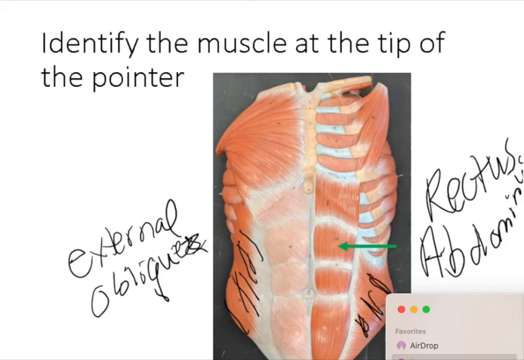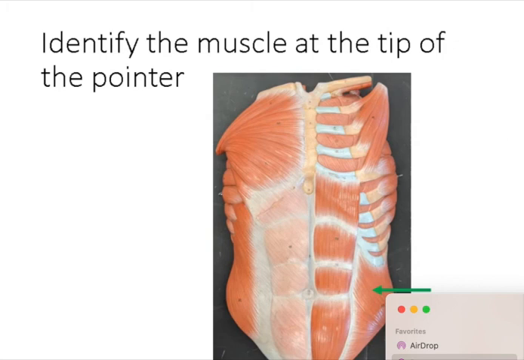Now this side, which is deeper, we have the internal obliques. They'd be on both sides. If we pulled this external off, we would see the internal underneath. Then underneath that, we have another layer of muscles. But again, on this side, we're just talking about the internal oblique.